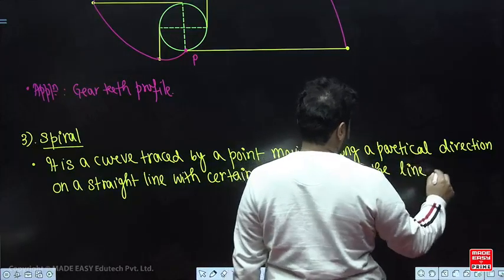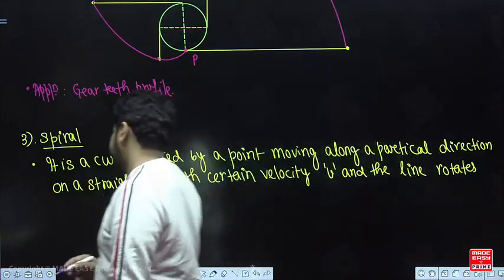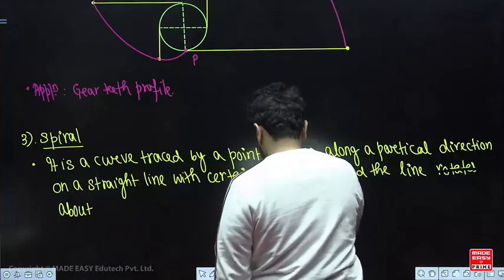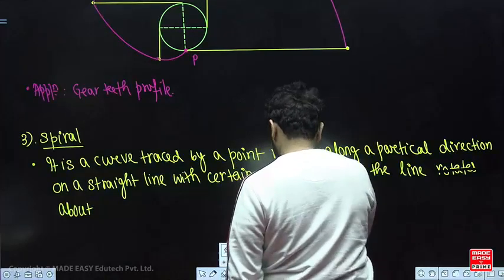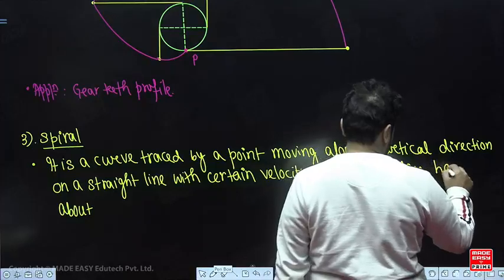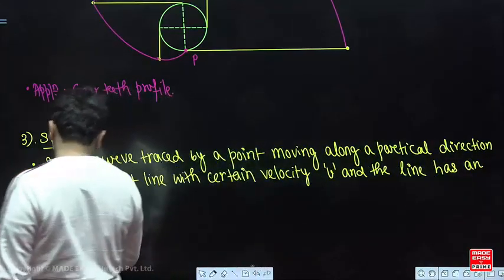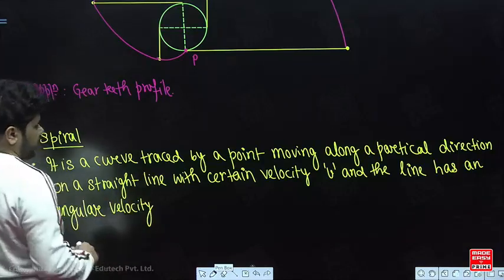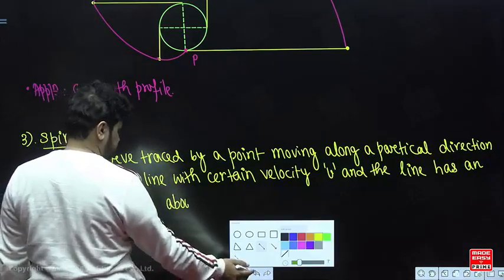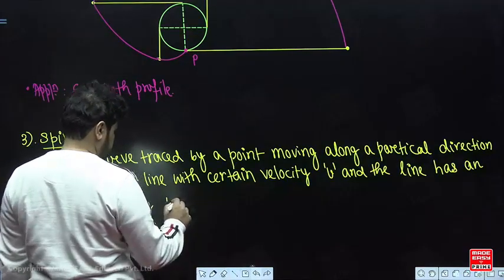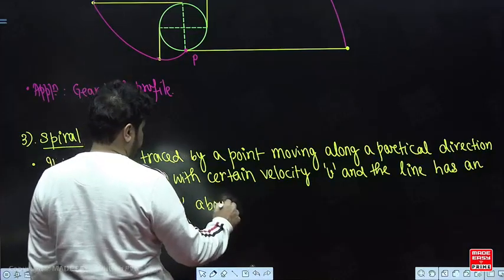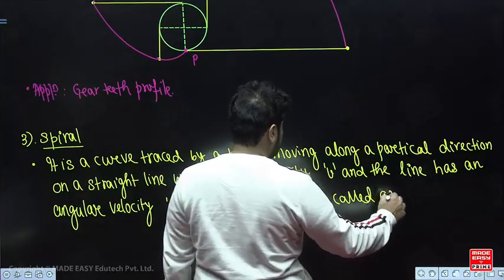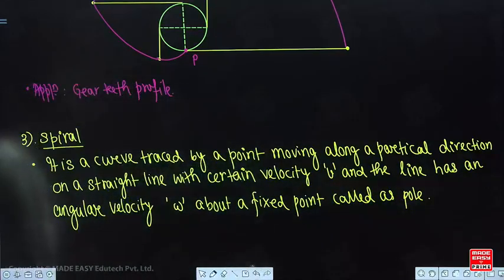And the line rotates, or the line has an angular velocity omega about a fixed point called the pole. Okay, about a fixed point called the pole.